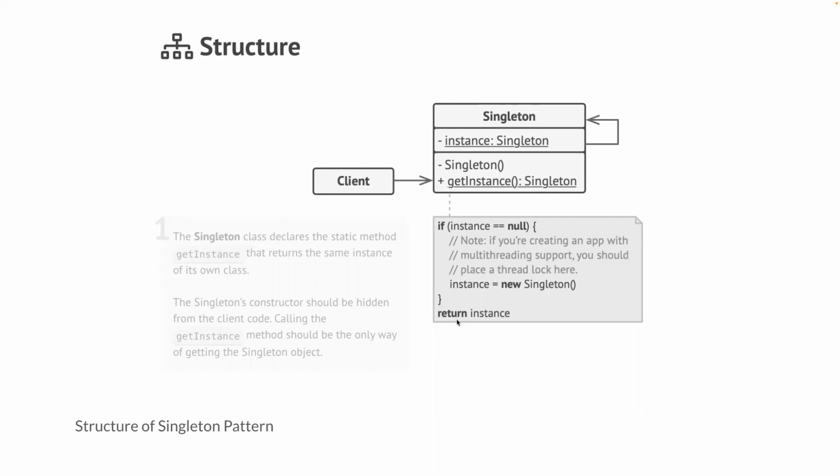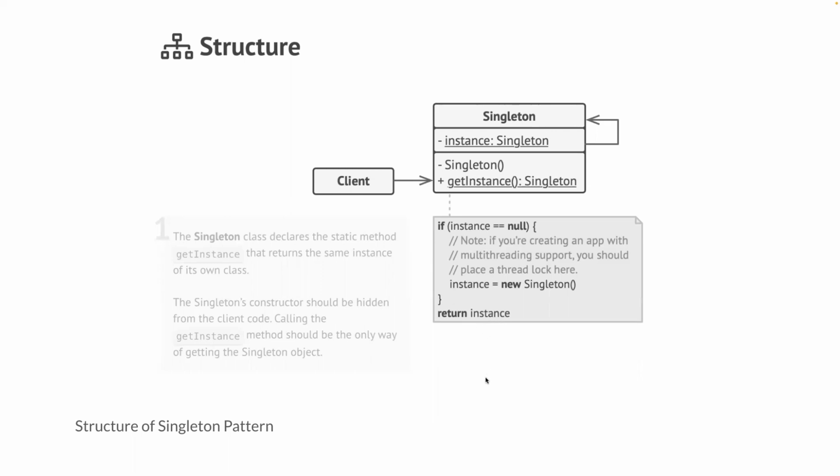You can see the instance creation is secured by a null check, which ensures that the instance variable is only initialized once, in the beginning, and other subsequent calls of the getInstance method return the same old instance created previously.